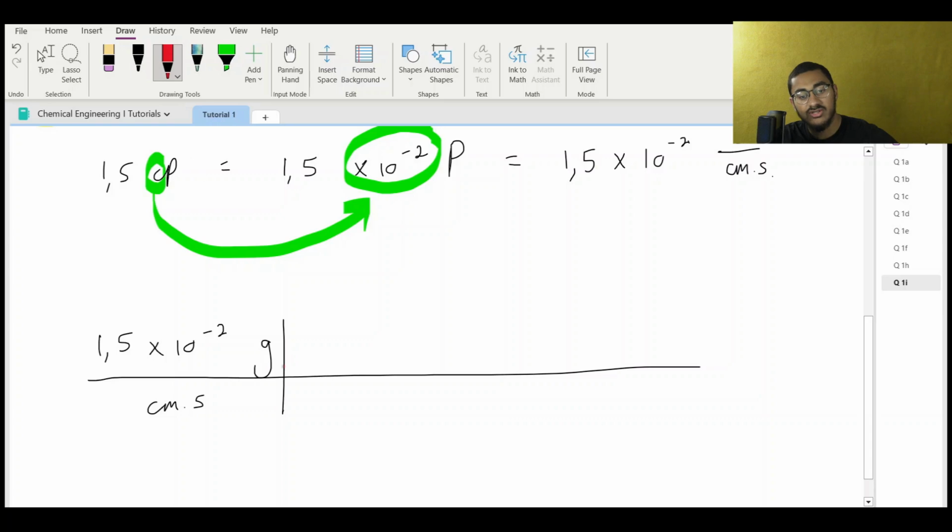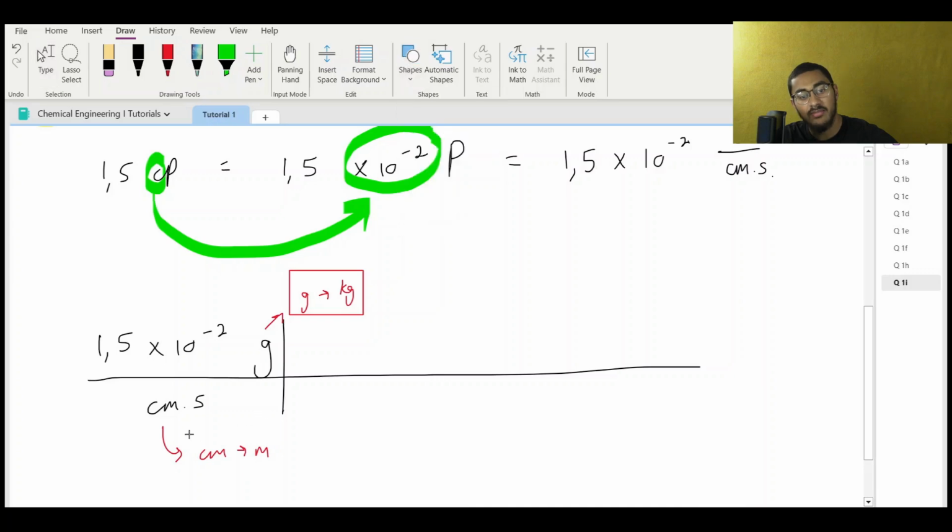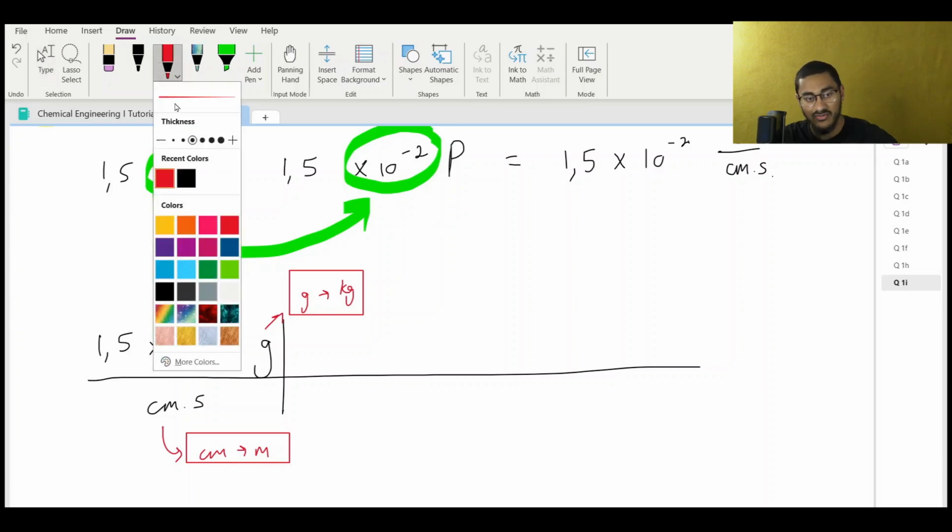All right, so I always like to write down my target conversions. I want to convert grams into kilograms. I want to convert my centimeters into meters. And fortunately, seconds is the time base unit in both the SI metric system and the CGS system. So we don't need to convert the seconds.